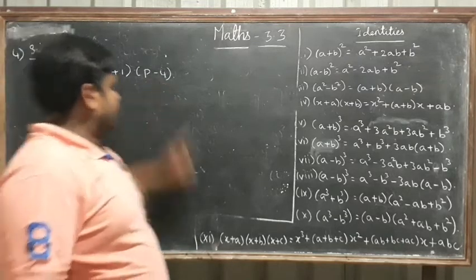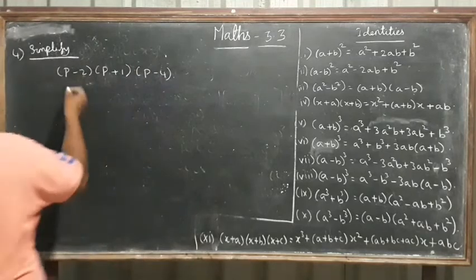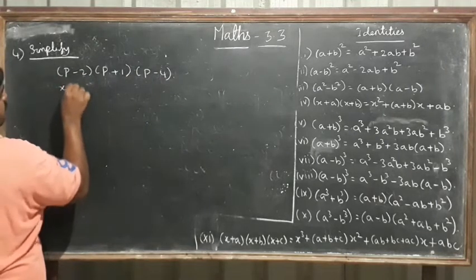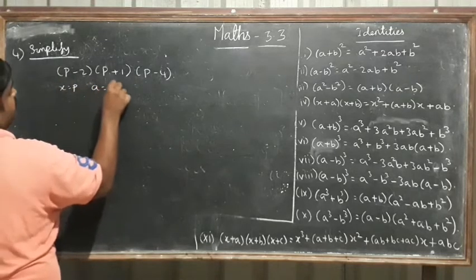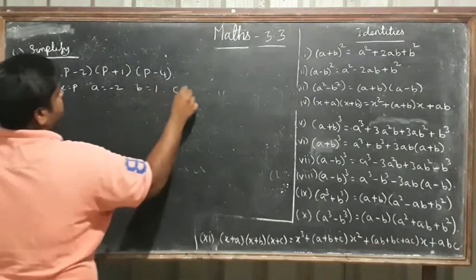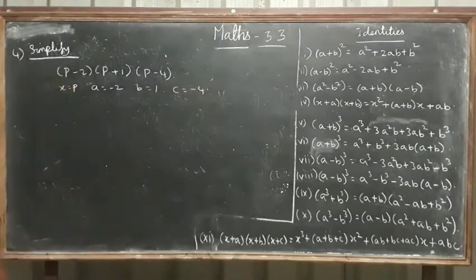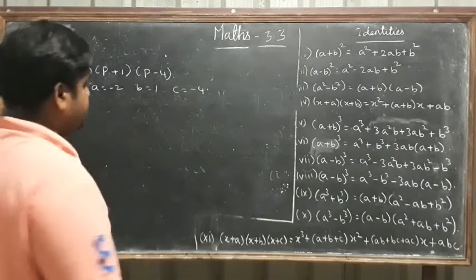Here we have two negatives and here two positives. That's the only difference. So take x equal to p, a equal to minus 2, b equal to 1, and c equal to minus 4.